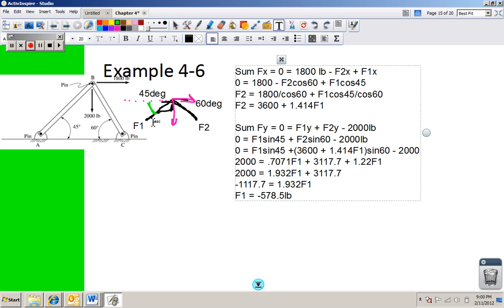It means that I drew F1 in the wrong direction. Okay, that it should be going down here. Okay, so, but it's worked out negative because my drawing and my equations depended on it being drawn in that direction, so I just keep the negative number now and finish out my calculations. So let's substitute back in for F2.